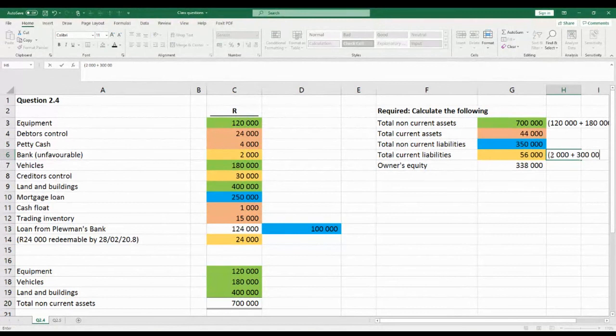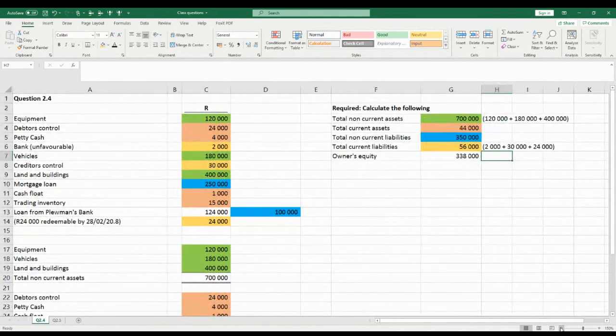I took the 30,000 for the creditors control, and I took the 24,000 for the current portion of our loan to Plumans Bank, the portion that's redeemable within the next 12 months. And that's how you got to the 56,000.